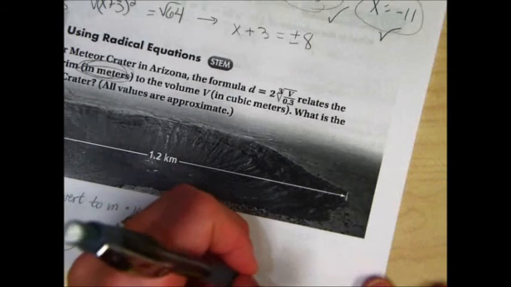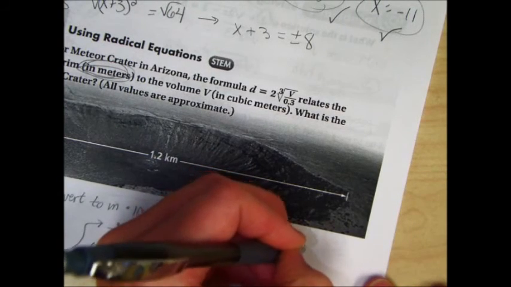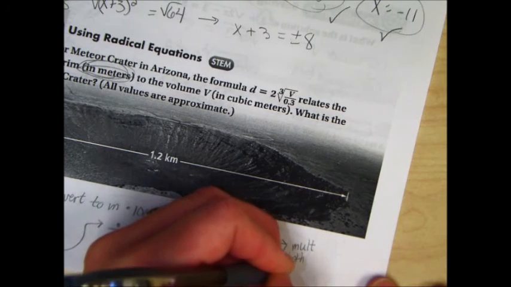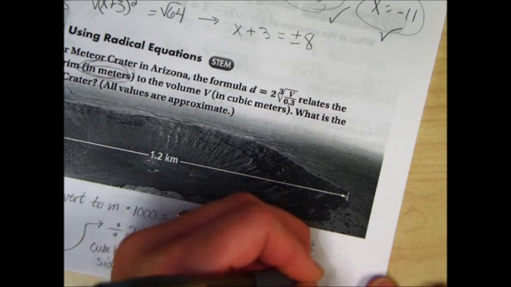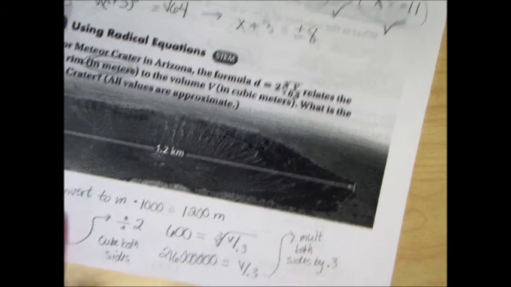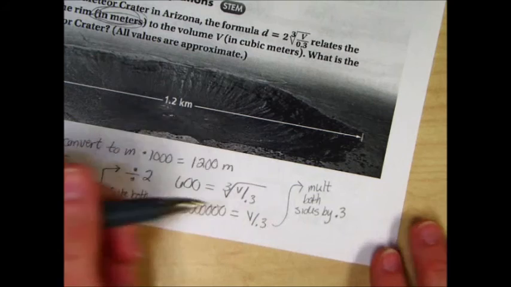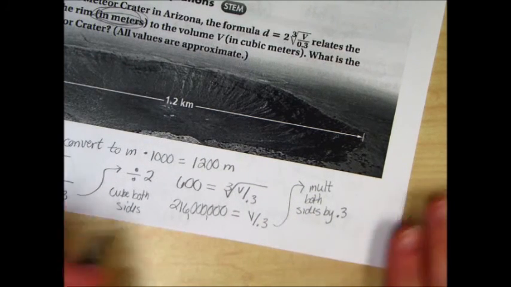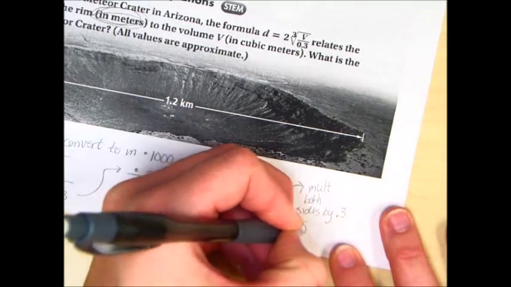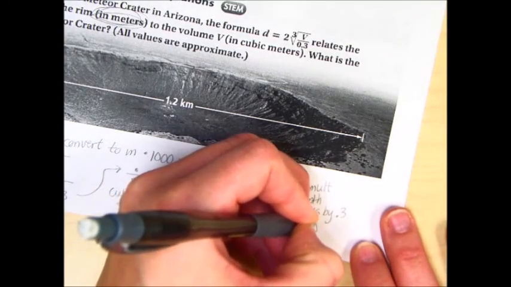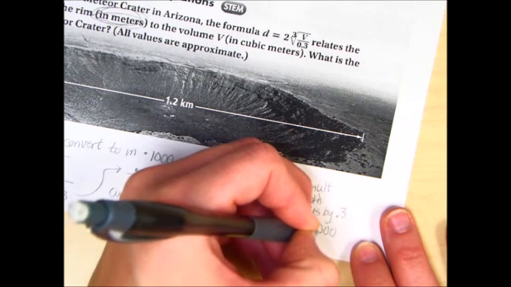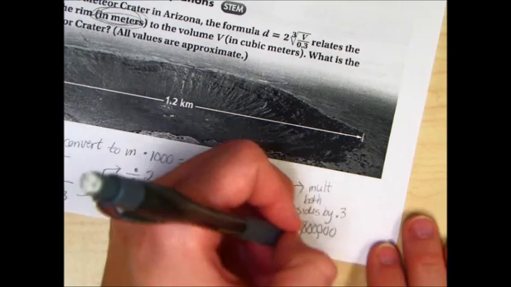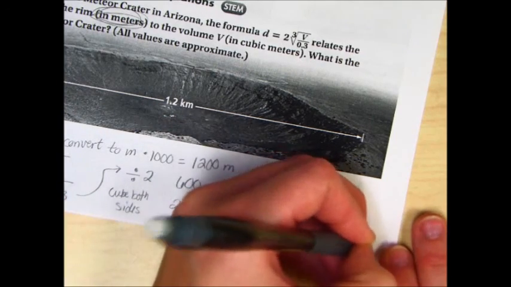The next thing I'm going to do, follow it up, I'm going to multiply both sides by 0.3. Multiplying 216 million by 0.3 will give us 64,800,000. So 64,800,000 meters cubed for the volume.